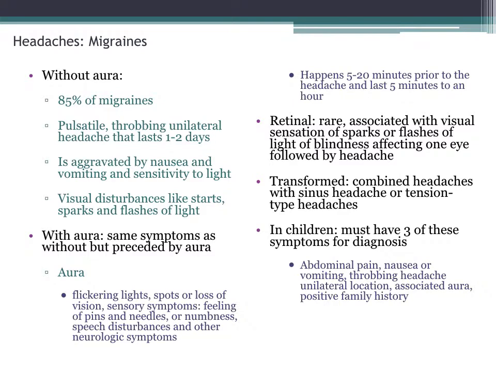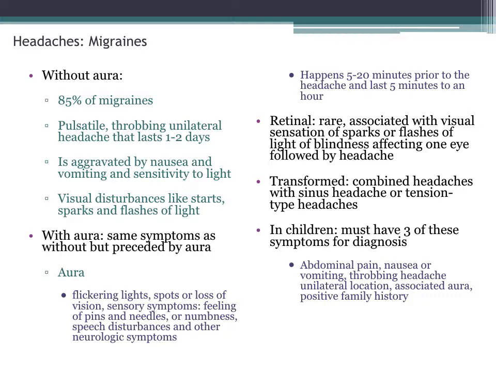They're divided into two types, without aura or with aura. About 80% of people with migraines have the type of migraine that has no aura. They are pulsative, throbbing, unilateral headaches that last anywhere from 1 to 2 days.